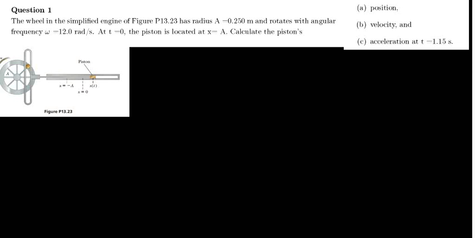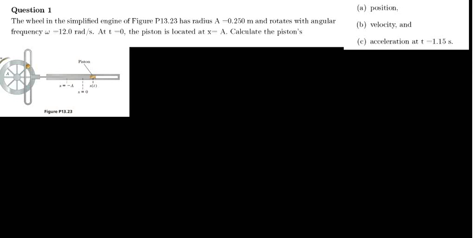Now, this question, sometimes you might be confused to say only part C is the one which is saying at t is equal to 1.15 seconds. They're just telling you to find the position, the velocity, and acceleration at t is equal to 1.15 seconds. Meaning that for part A, part B, and part C, we need to use the time which is going to be 1.15 seconds.